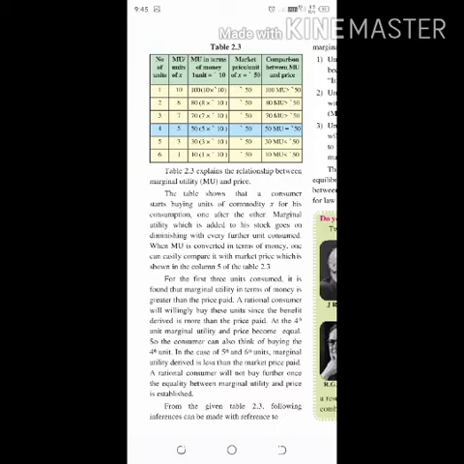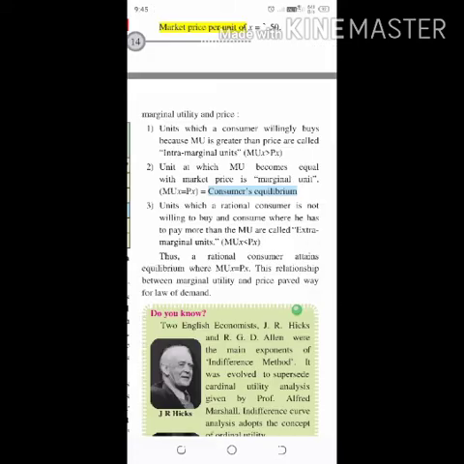As you can see, at the fourth unit, the MU in terms of money is 5 into 10, that is rupees 50, and the market price is 50, so MU 50 and market price 50 are the same, which means the consumer can buy the product at this price.